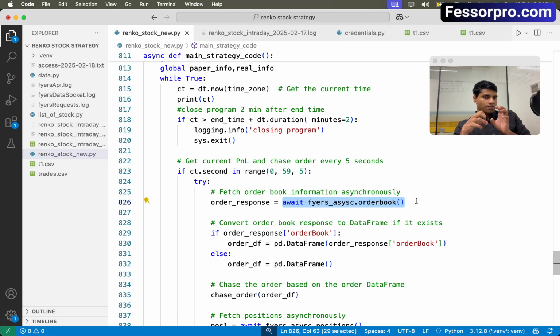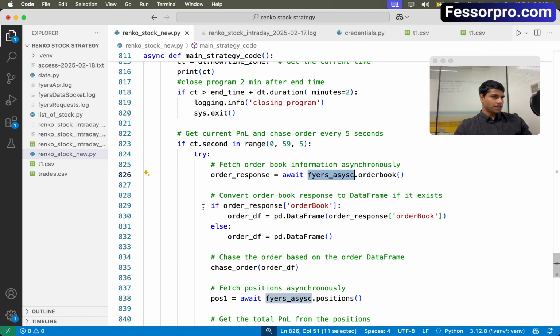If it's a blocking, normal code, then for that time your code will not do anything. But if it's a coroutine, then during the time of sending the request and getting the data, it can do something else, like maybe fetching the data from the server. So that's why I'm using the fires async object instead of the normal fires object.